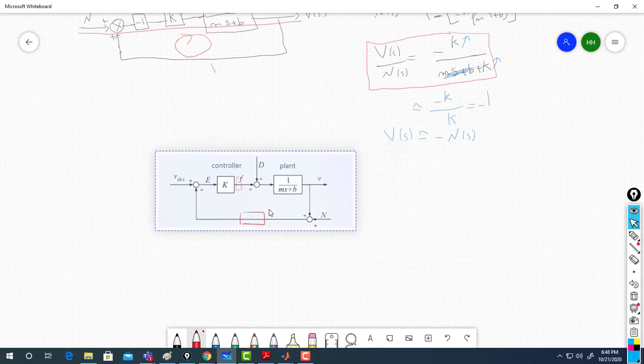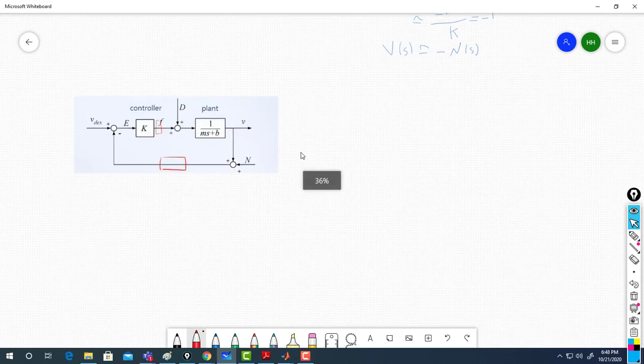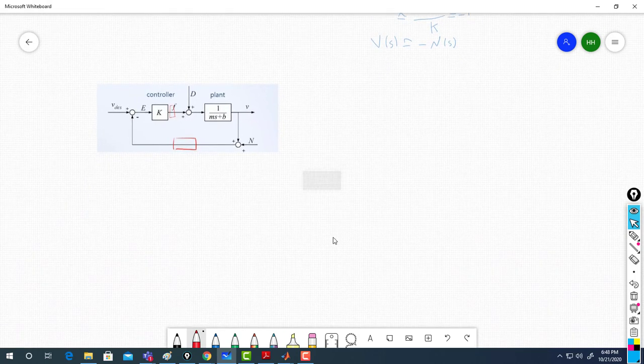Now I want to go with you on demonstrating. Our objective now is to demonstrate why increasing K will decrease the settling time and decrease the steady state error.